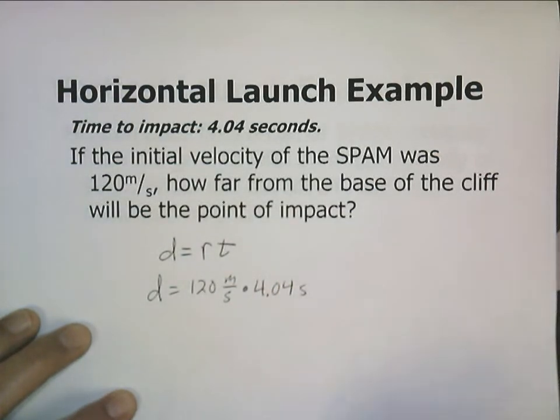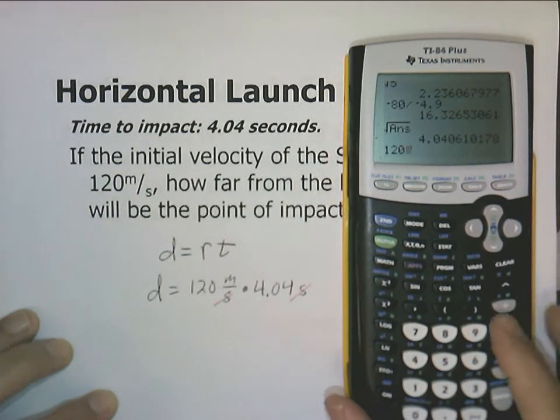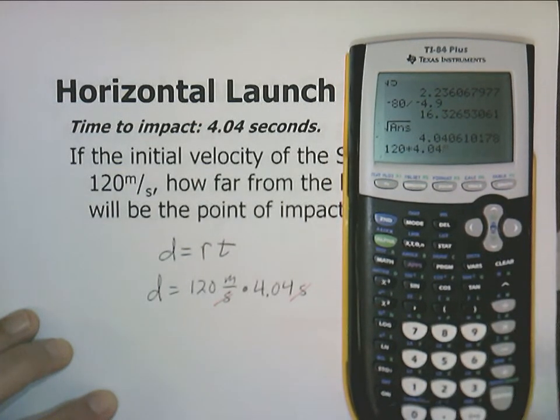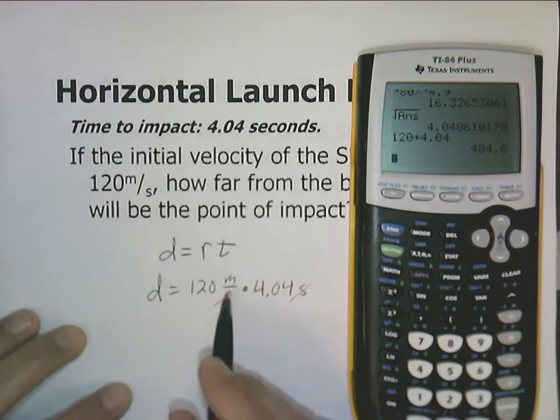It's nice because, of course, seconds will cancel out, leaving us just with meters. And so let's see here, 120 meters per second times 4.04 seconds. That gives us just 484.8 feet. Excuse me, meters.